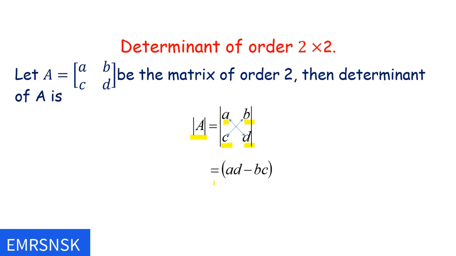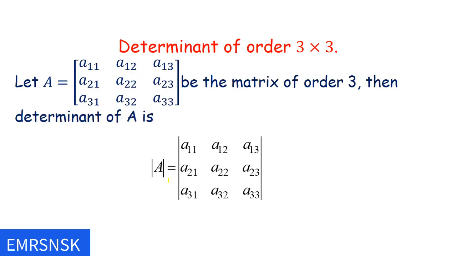Now we will see how to find the determinant of order 3 by 3. Suppose we are given a square matrix of order 3 by 3. Then determinant of A is equal to, we will write all these elements in a determinant. So now how to find the determinant of order 3 by 3? There are 6 different ways to find the determinant of order 3 by 3.